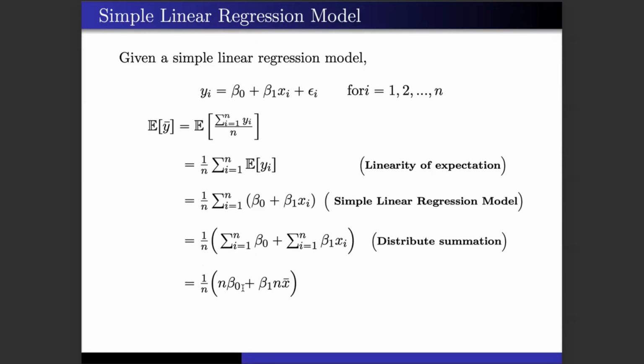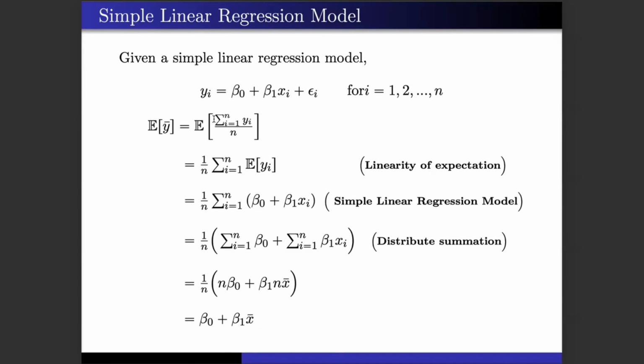The first term is simplified to n beta naught, and the second term is simplified to beta 1 times n x bar. In the next step, we cancel out n because we have n in both the terms in the numerator and we have n in the denominator as well. And therefore, we have that expectation of y bar equals beta naught plus beta 1 x bar.